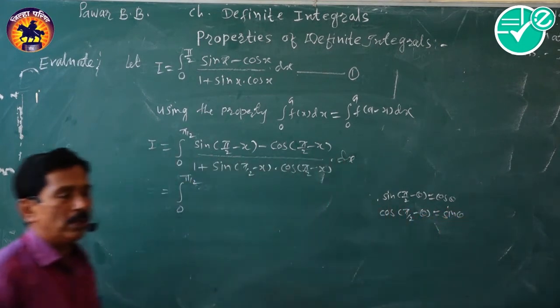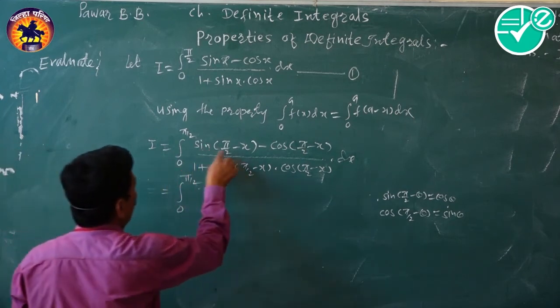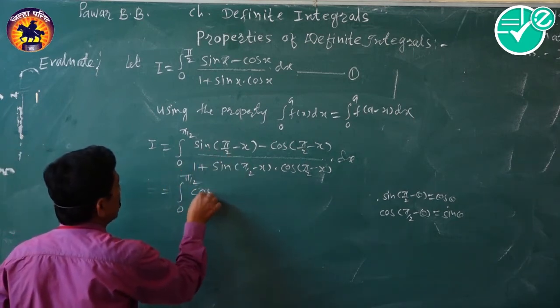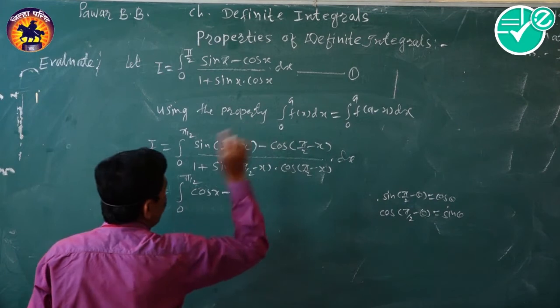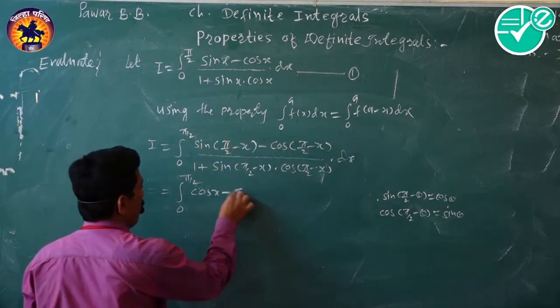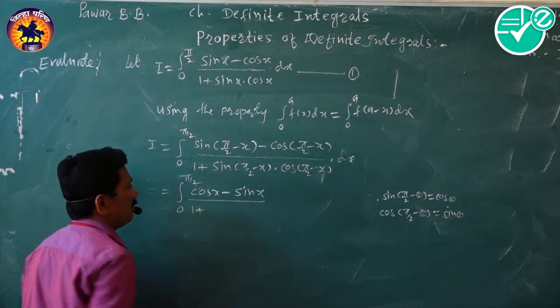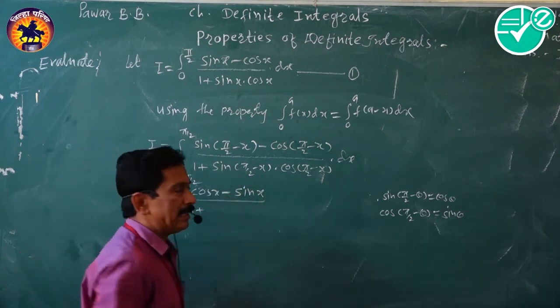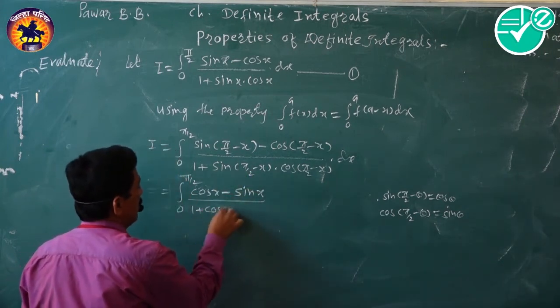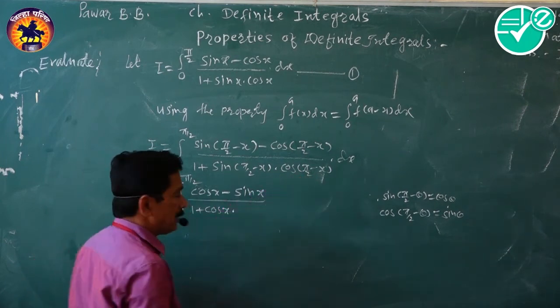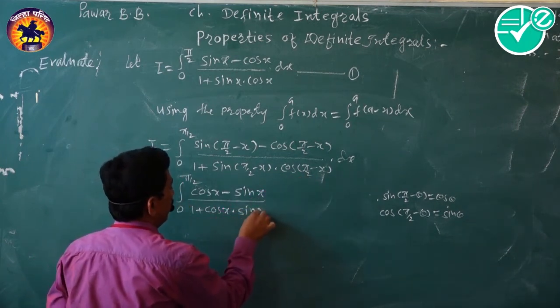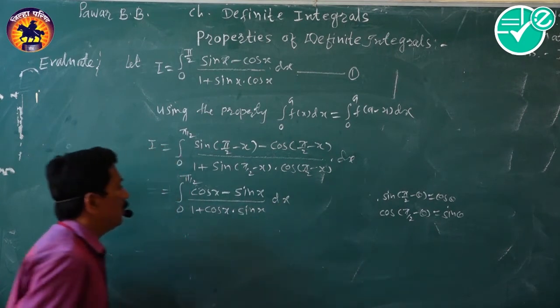Using these two formulae, we can write here sine of pi by 2 minus x is cos x, minus cos of pi by 2 minus x is sin x, divided by 1 plus this sine pi by 2 minus x is written as cos x into cos pi by 2 minus x is written as sin x into dx.